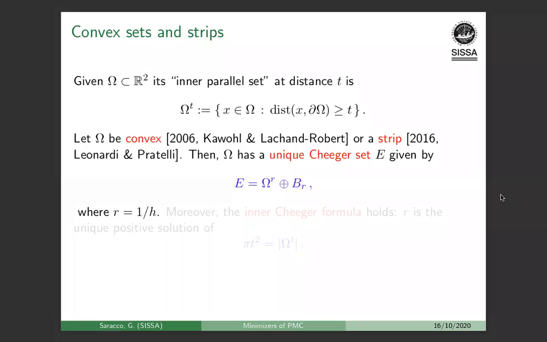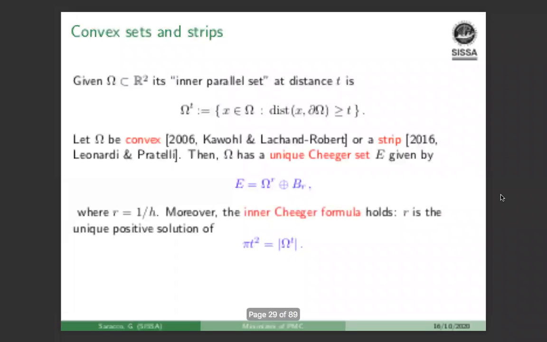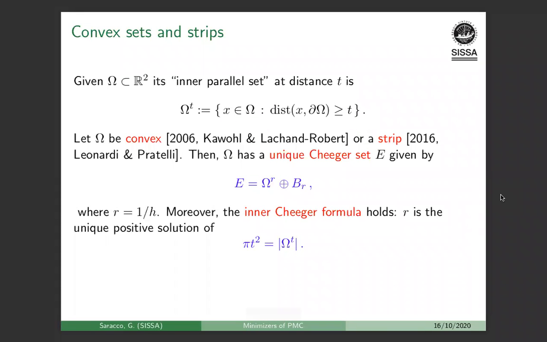Moreover, this characterization gives a formula to compute the constant, because this r is the unique positive solution of the equation pi times t squared equal to the mass of the inner parallel set at distance t. So whenever your set is convex or a strip, you can solve this equation.